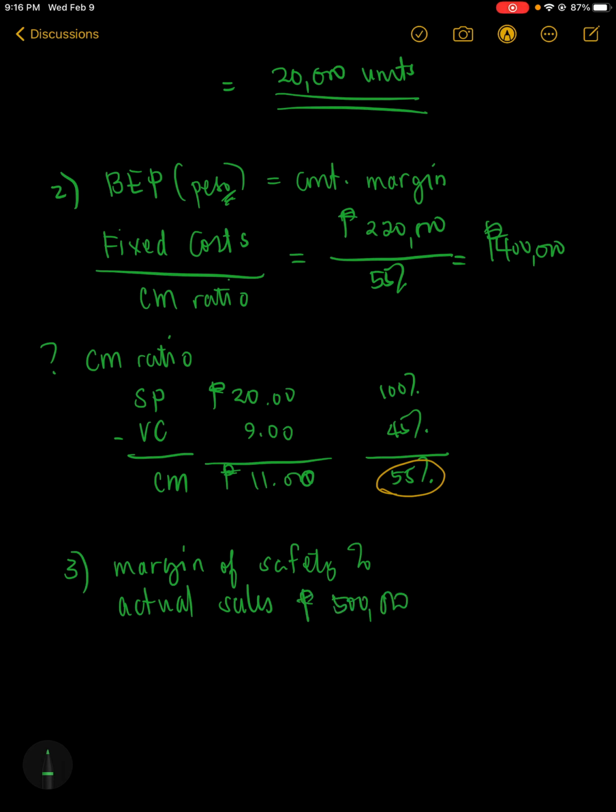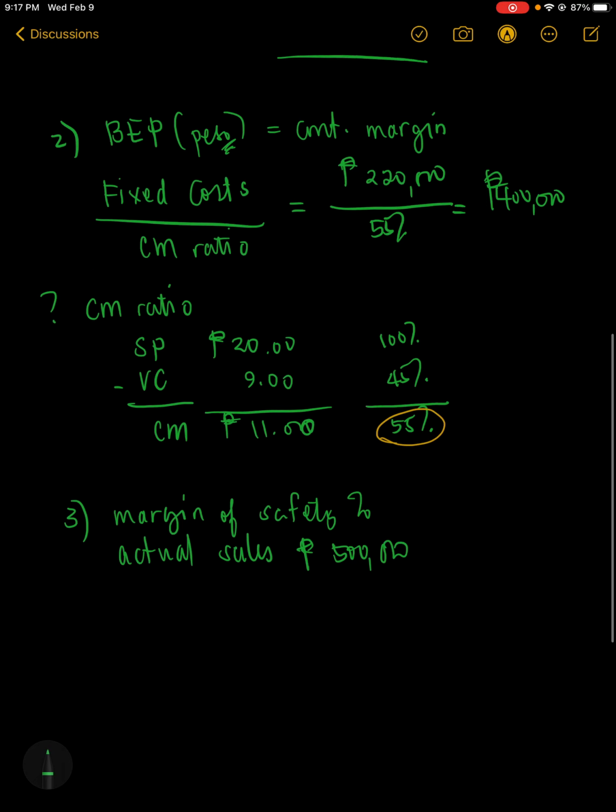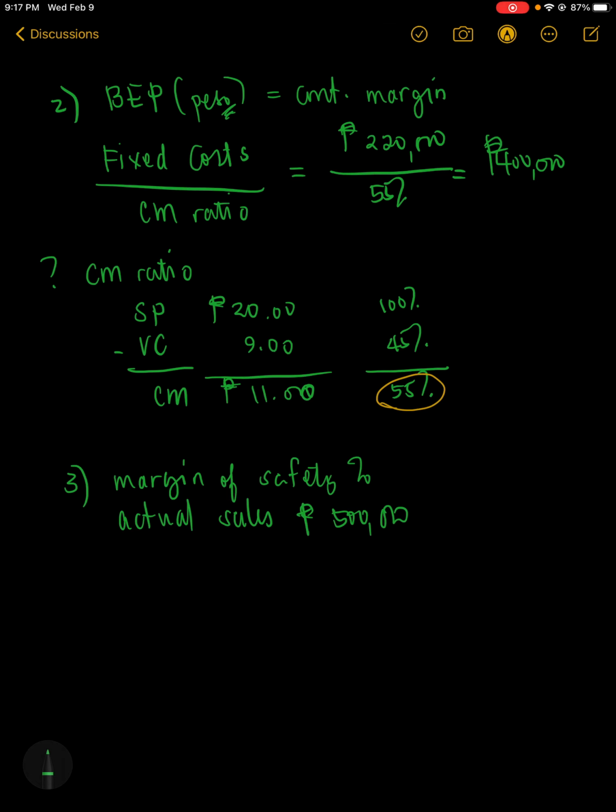So, how do we get the margin of safety percentage if our actual sales is 500,000? Okay? The margin of safety is computed when you deduct from the actual sales the BEP sales.